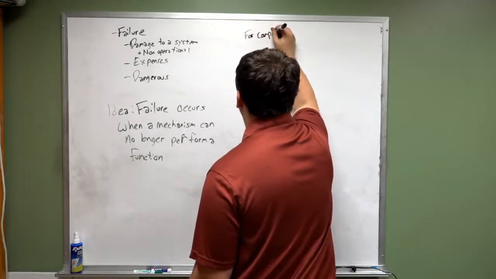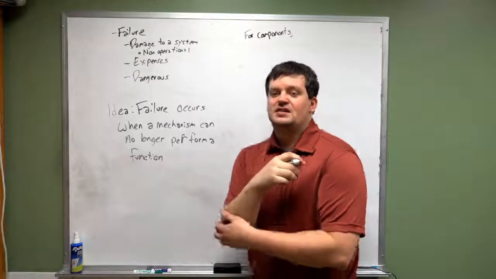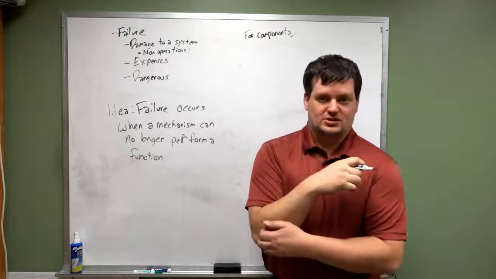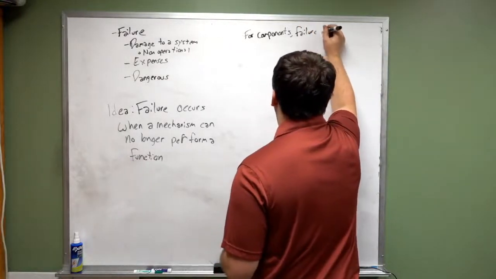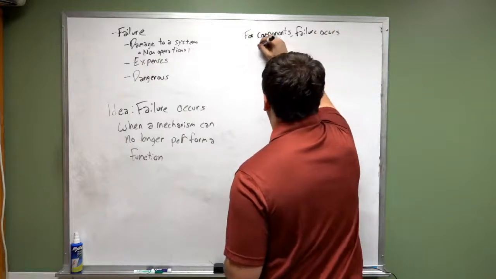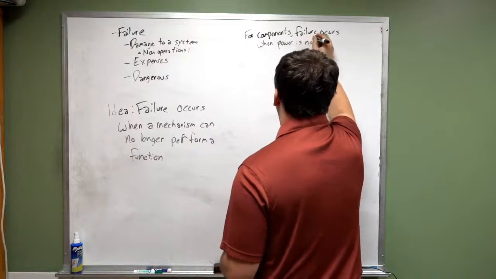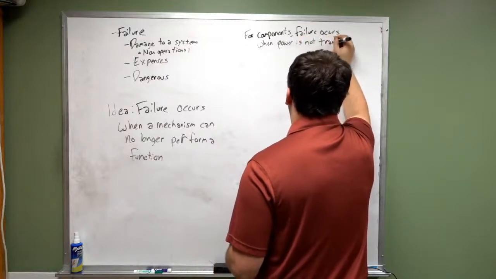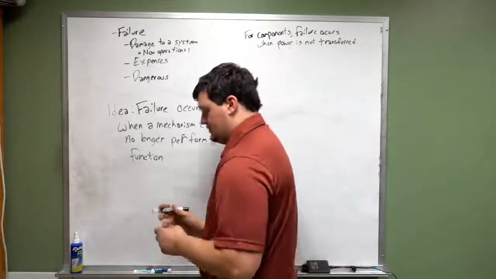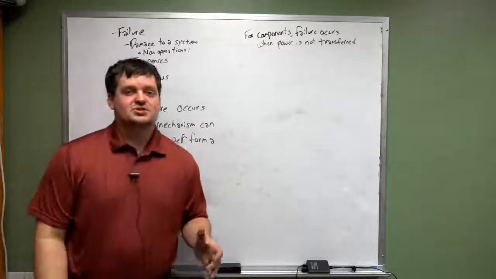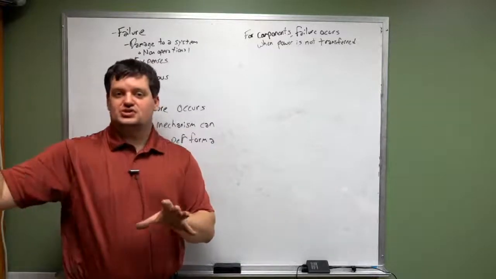for components, one of the major things that we don't want failure to happen is you have power transfer. Okay, and then this could be anywhere between a joint to the linkage itself to the next joint.